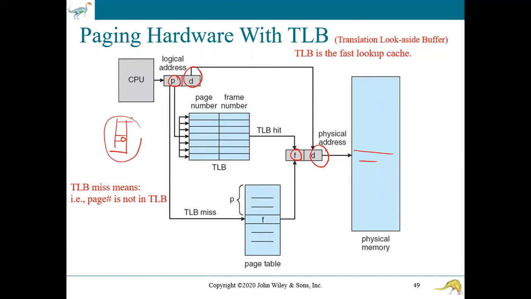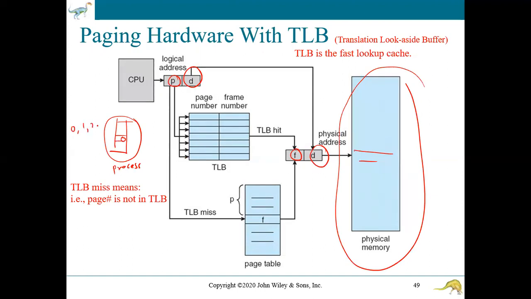You understand me? The process is divided into pages, and the RAM is divided into frames. So the pages are 0, 1, 2, 3, like that. Page number.